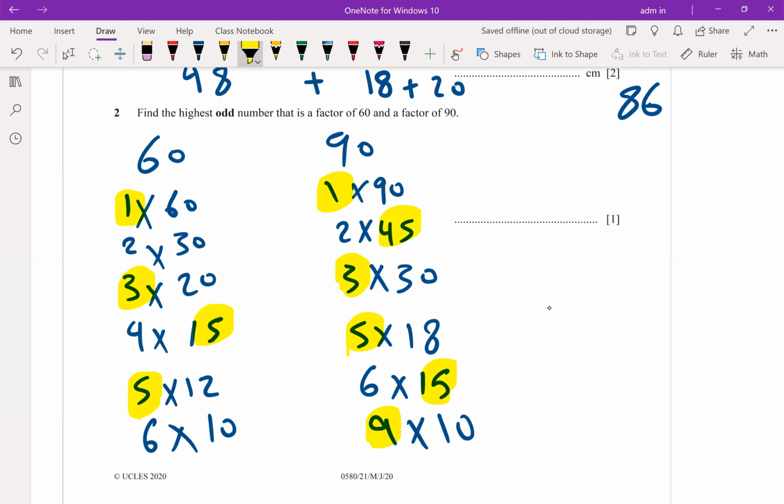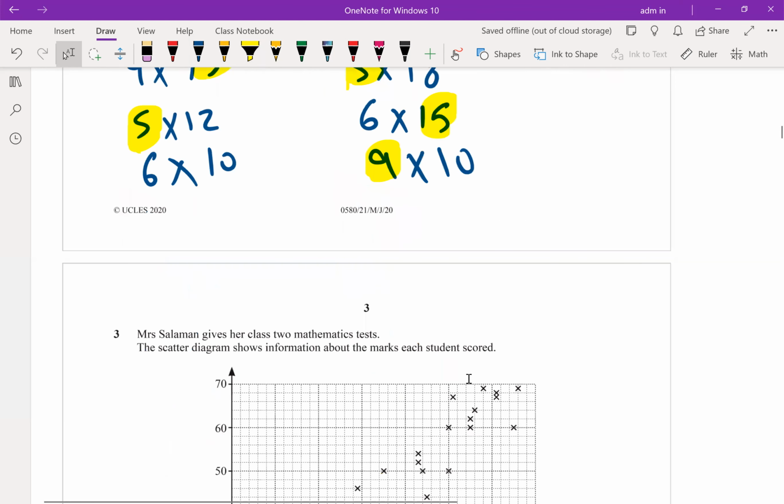Which is common in both? Find the highest common number that is a factor of 60 and 90. What is the final answer? 15. Correct. Question number 3.